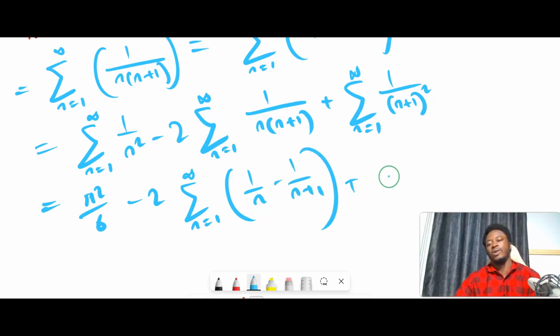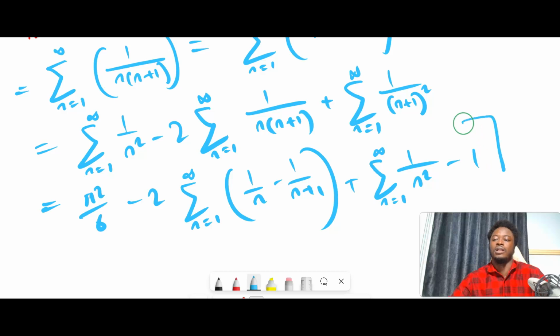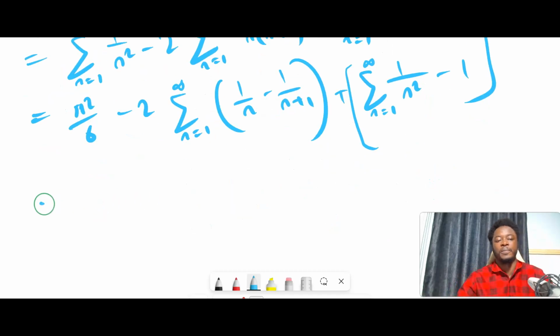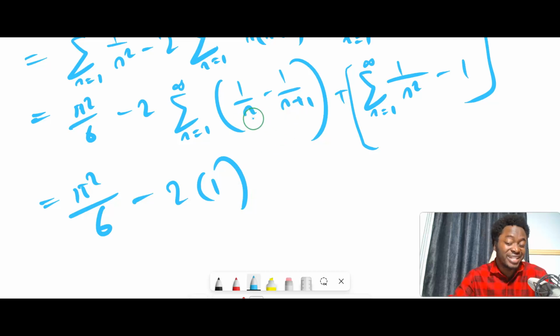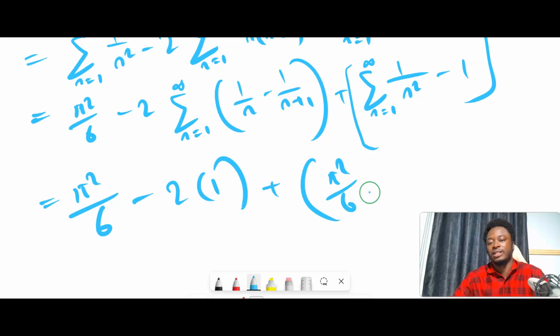The third one is also zeta of 2, but starting from 1 over 2 squared, so we subtract 1: pi squared over 6 minus 1.